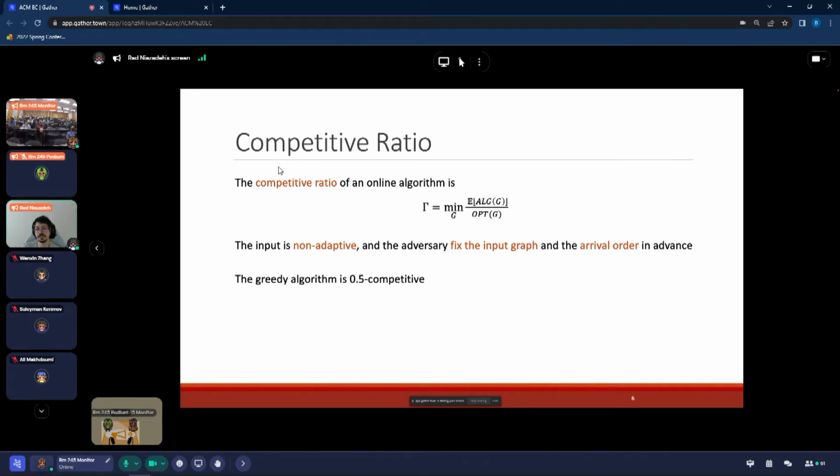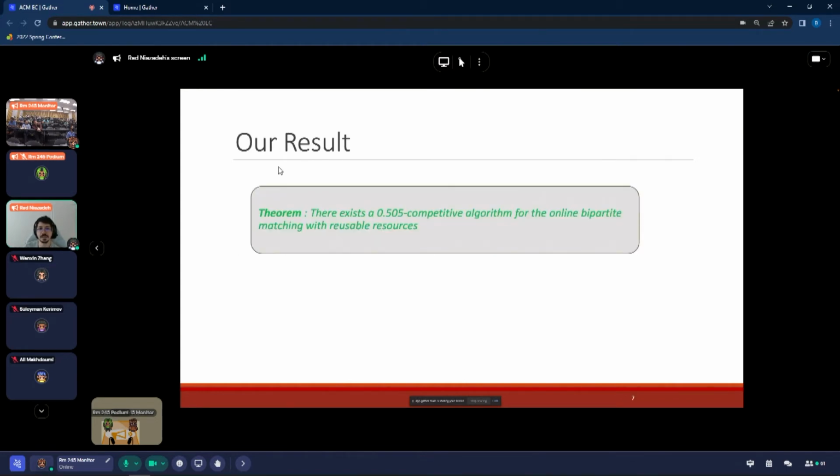And that simple algorithm achieves a half competitive ratio. So the question is whether we can beat the half approximation for this problem. And the answer, in fact, is yes. We show that there exists a 0.505 competitive algorithm for online bipartite matching with reusable resources.